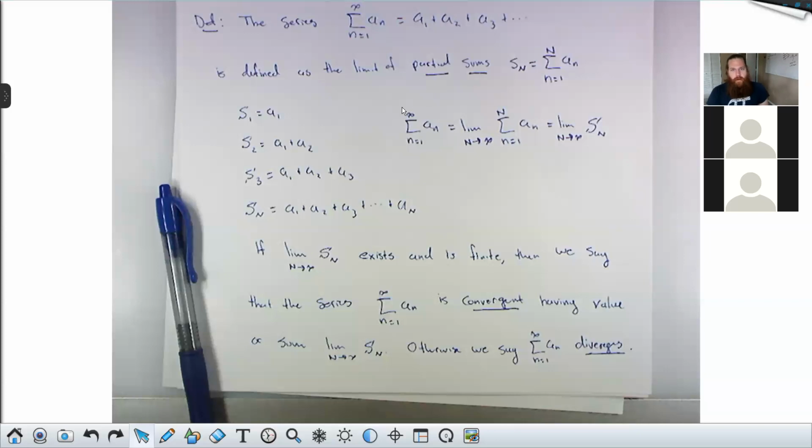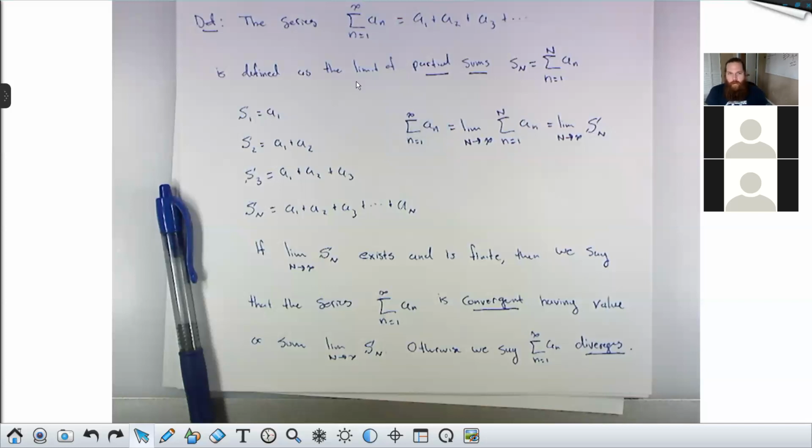And just like the improper integral from 1 to infinity is defined as a limit of a finite integral, 1 to N, so too the full infinite series, the sum from 1 to infinity, is defined as the limit of the finite sum from 1 to capital N. And then this finite sum from 1 to capital N is what we call S_N, the partial sum. If this sequence S_N is convergent, then the series sigma a_n is convergent.